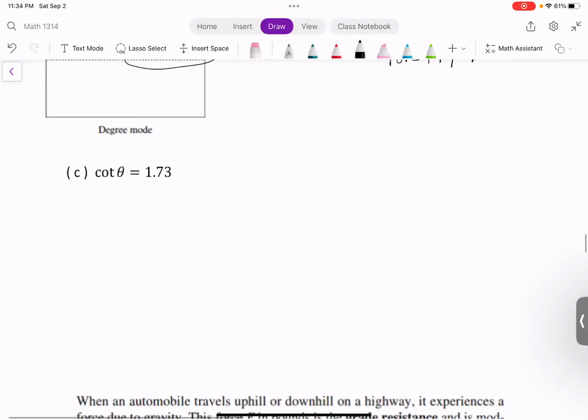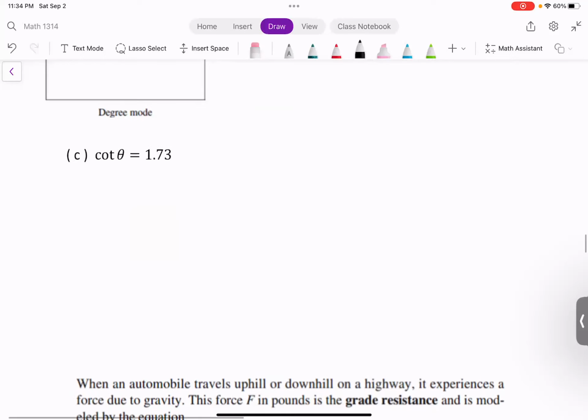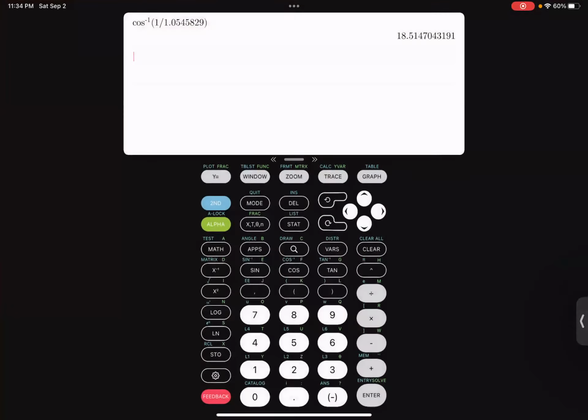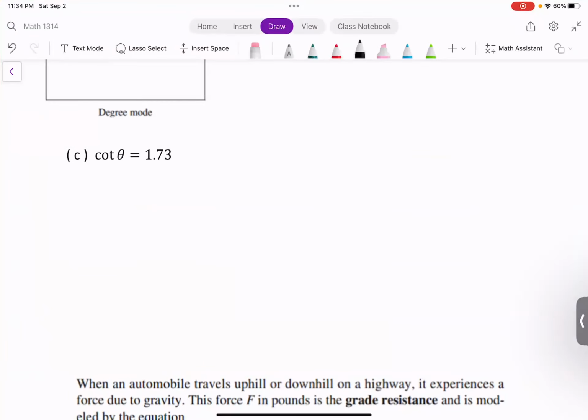How about cotangent theta equals 1.73? So I'm looking for theta, but we do not have cotangent on our calculator. What should I do? I know that cotangent is 1 over tangent theta. So flip both sides. I'm having tangent theta equals 1 over 1.73.